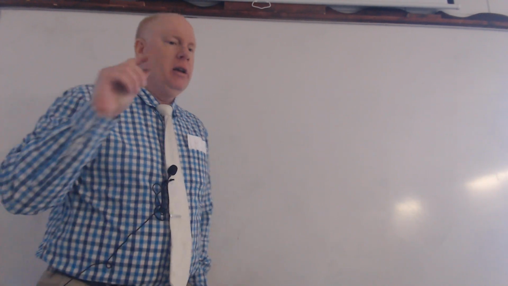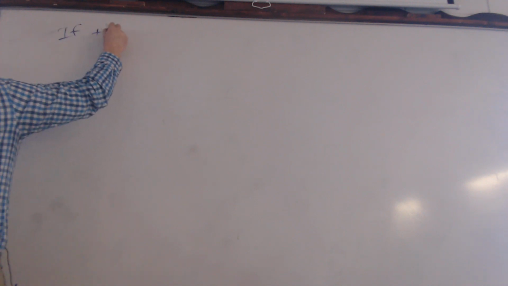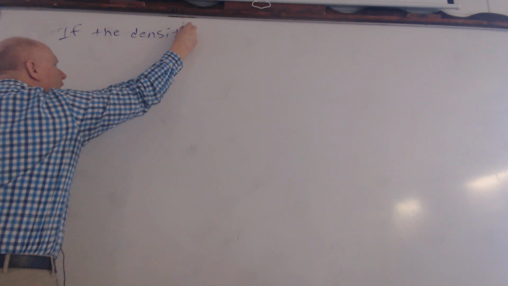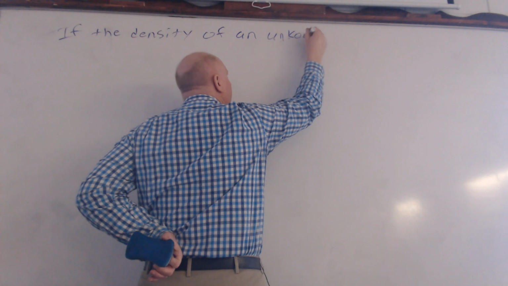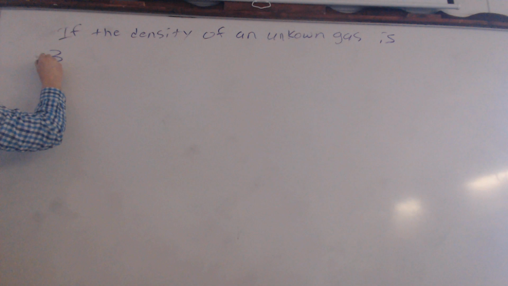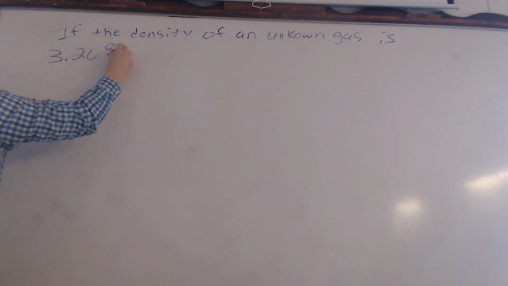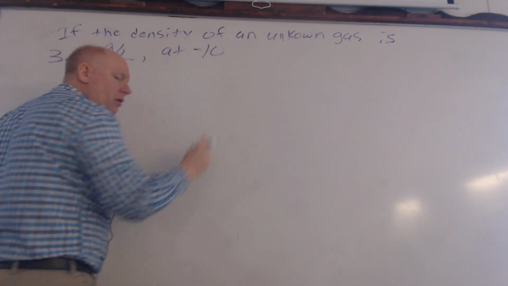So anyway, please read that problem to me about density. Oh, it doesn't say what. Okay, so if the density of an unknown gas is 3.20 grams per liter at negative 18 degrees Celsius, oh, that's not very good.